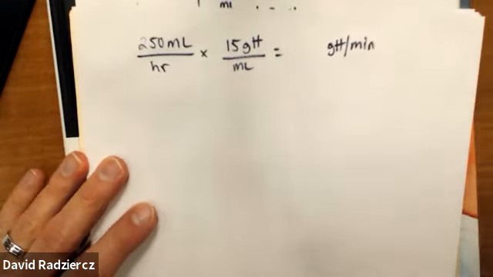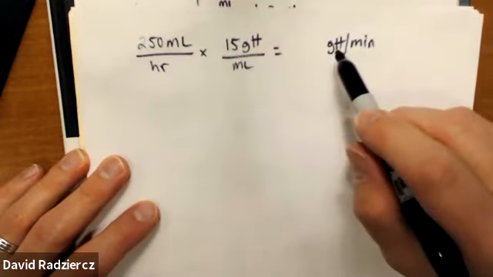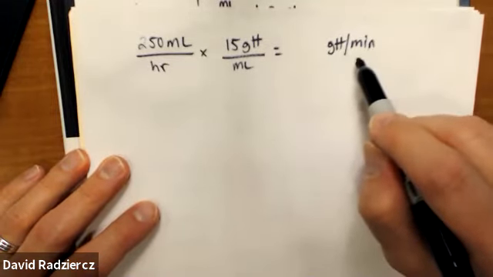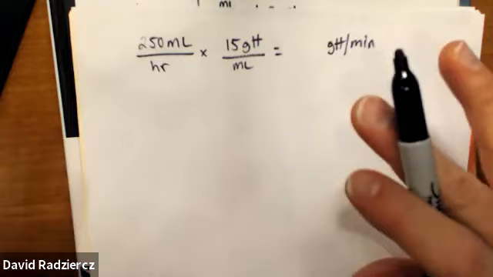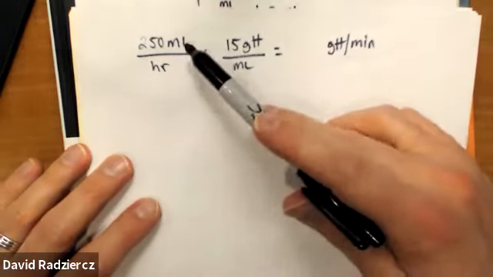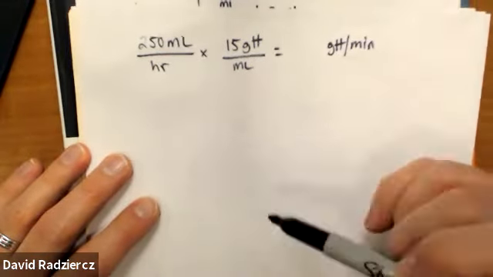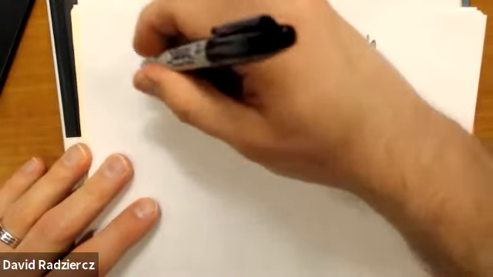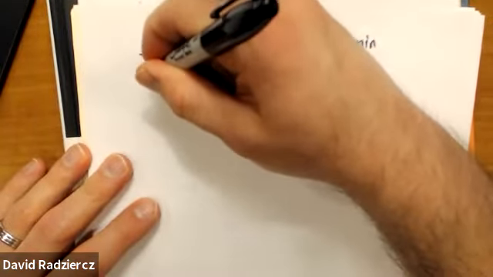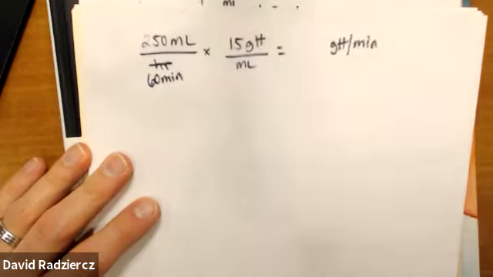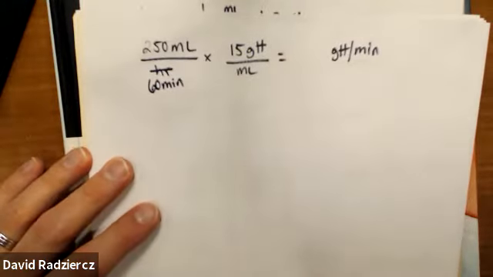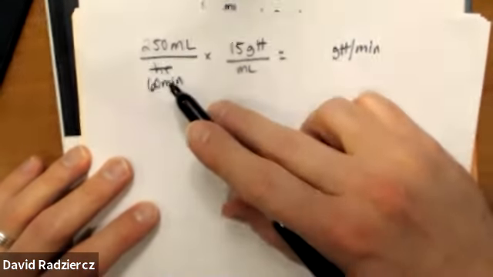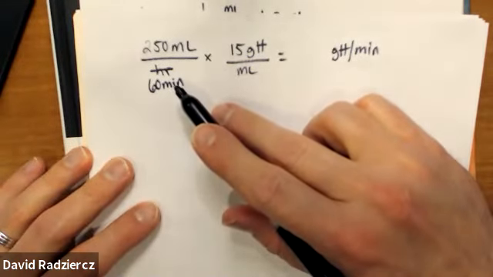Again, anytime we're doing drop factor, drops per minute is the rate. Anytime we're doing flow rate by itself, it would be milliliters per hour. Now, the shortcut for this is we know that 1 hour is 60 minutes, right? As soon as you see hour and you need to convert it to minutes, just go ahead and convert that right away.